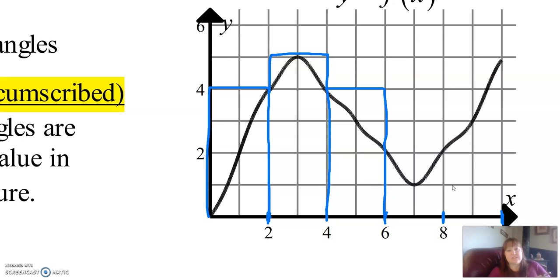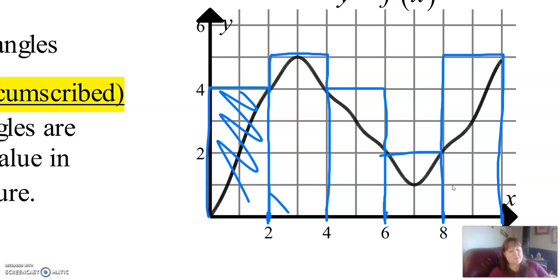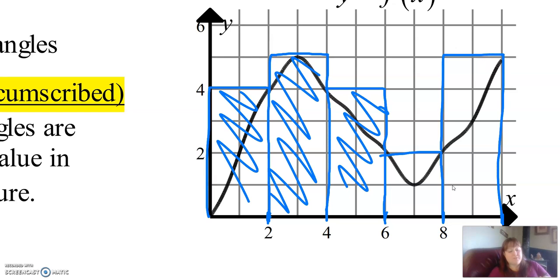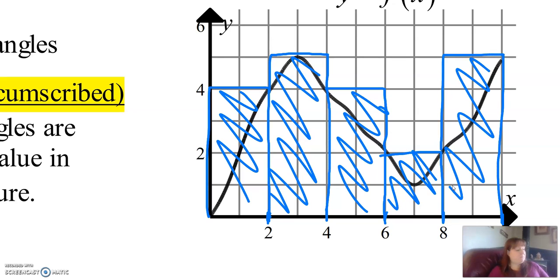That rectangle now encloses the entire function. This one encloses the entire function, and that one encloses the entire function. So then the area of these rectangles would give us an upper circumscribed Riemann sum.